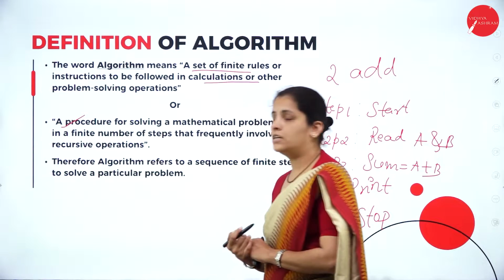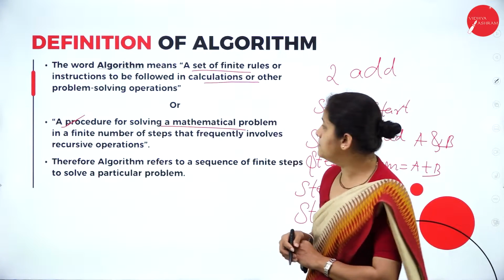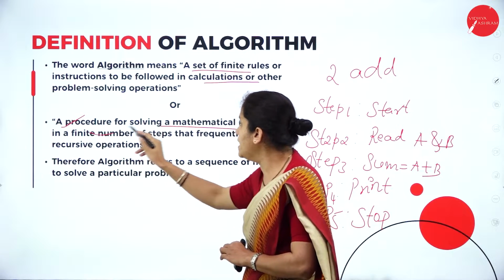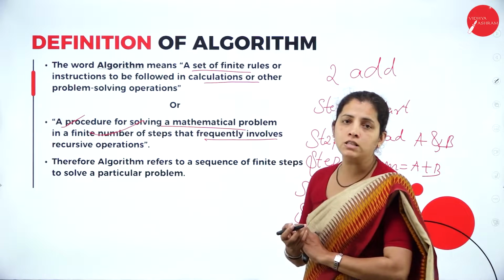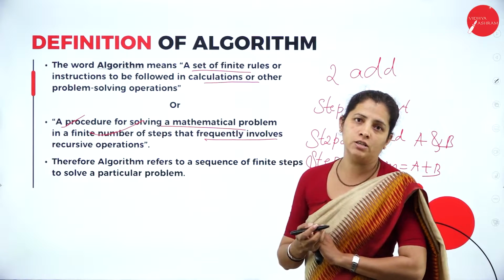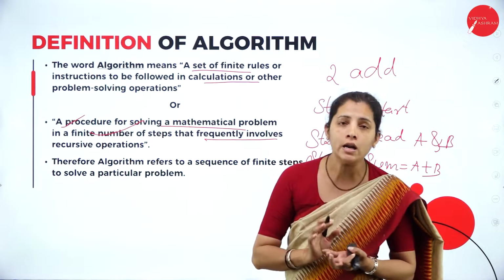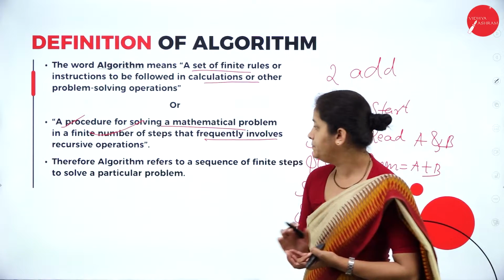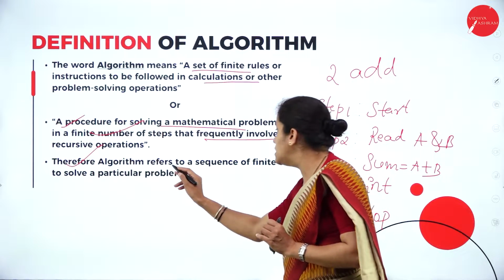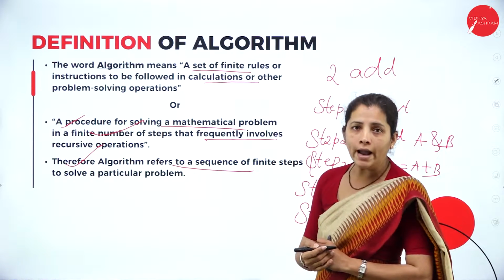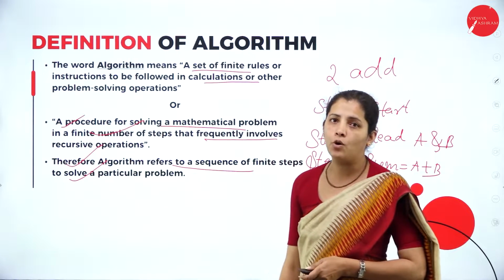It is a procedure for solving mathematical problems in a finite number of steps that frequently involves recursive operation. So I can use recursive or non-recursive operation. Therefore, an algorithm is a sequence of finite steps to solve a particular problem.